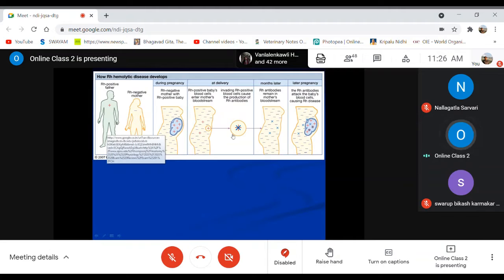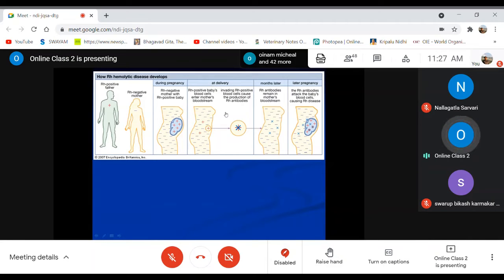So in the second, third, fourth, subsequent pregnancies, whenever the mother conceives, it will mostly cause erythroblastosis fetalis and the baby is born dead, or if not, there is very severe hemolysis leading to erythroblastosis fetalis, severe anemic condition, even cardiac tears, so it will not survive much longer.